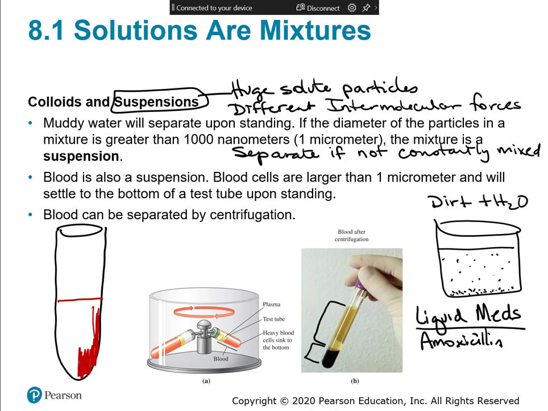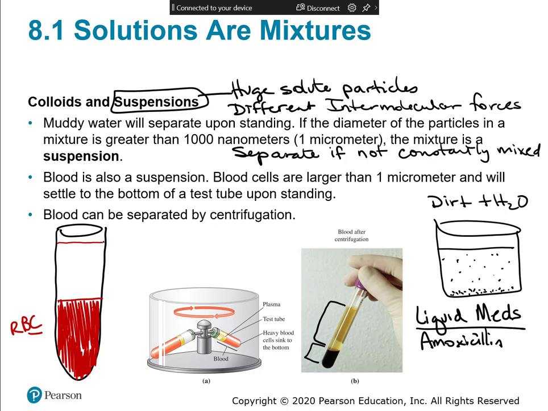The heavy red blood cells all go to the bottom of the tube when the centrifuge spins it. So those are all your red blood cells. They are microscopic cells that are not completely dissolved. They are constantly moving in the blood, and that's the reason why you can't see them when you draw blood.